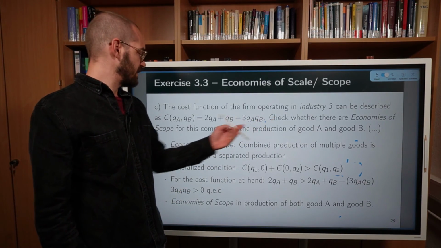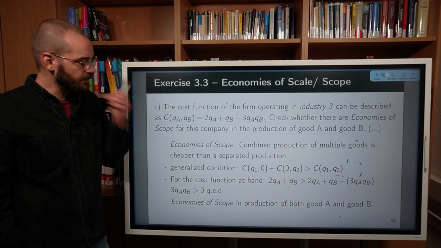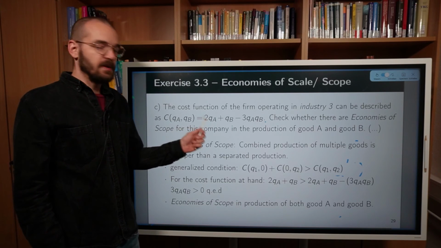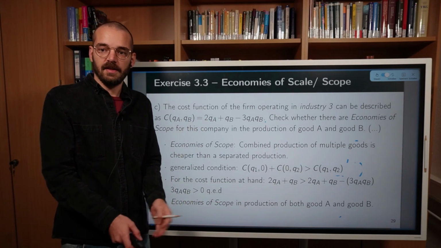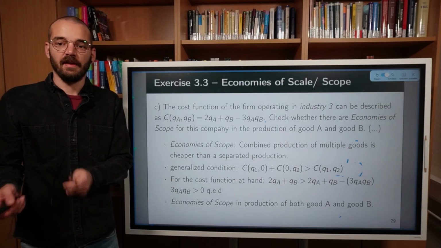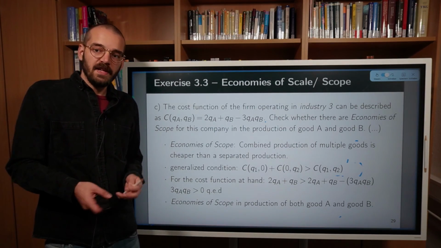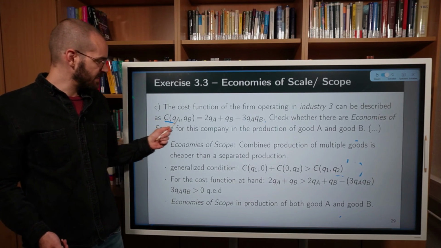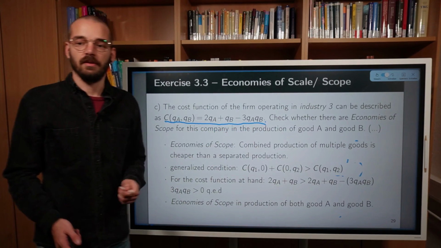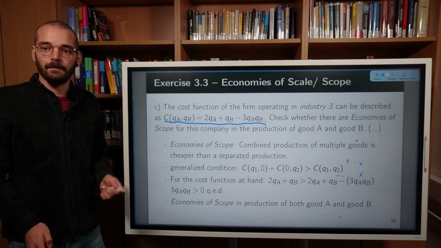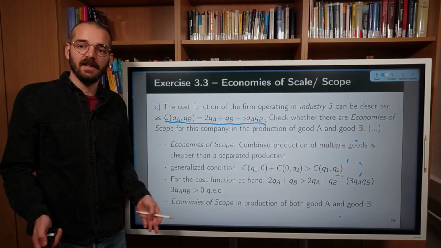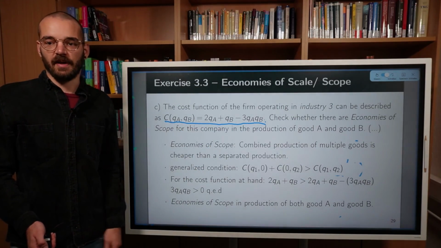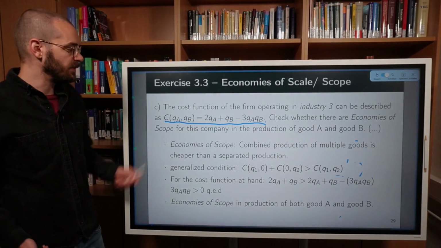We said that this is one single industry, but you can imagine a situation where good A is sold in one market, good B is sold in another market, but by being active in both of these markets, this firm that faces this kind of cost function then has a cost advantage over the competitors that are active in only one of these markets, in only market A or only market B.